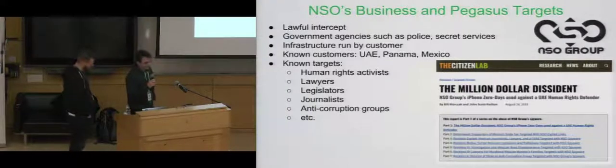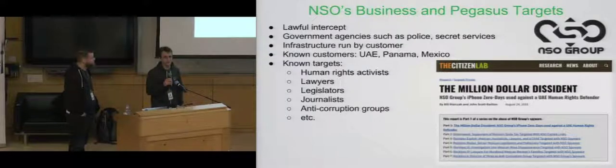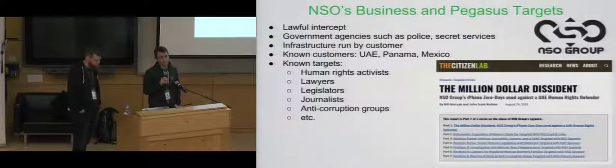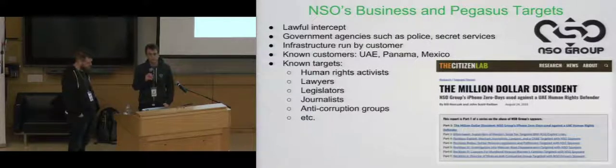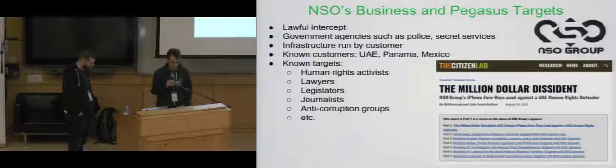So NSO's business is what is generally called lawful intercept. Their customers are police forces, other law enforcement agencies, secret services, and so on. We know that the UAE, Mexico, and Panama are among their customers, but there are certainly more.